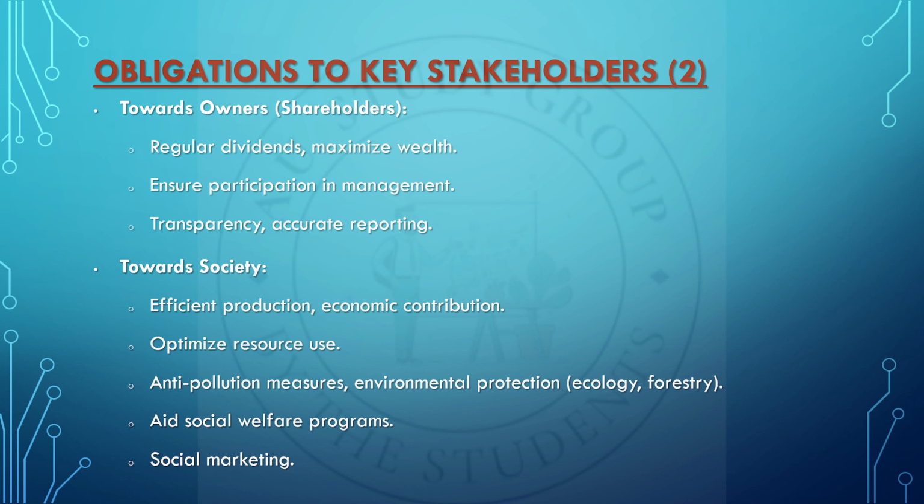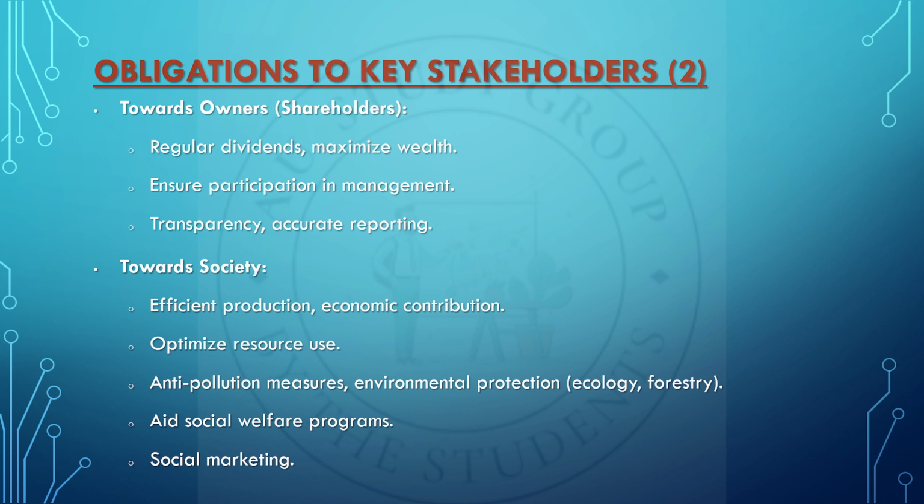Now towards society. Now this is a big one. Every business has obligations and responsibilities towards society as well. What are those? Efficient production, that is efficient resource use. They need to contribute to economic well-being as well.